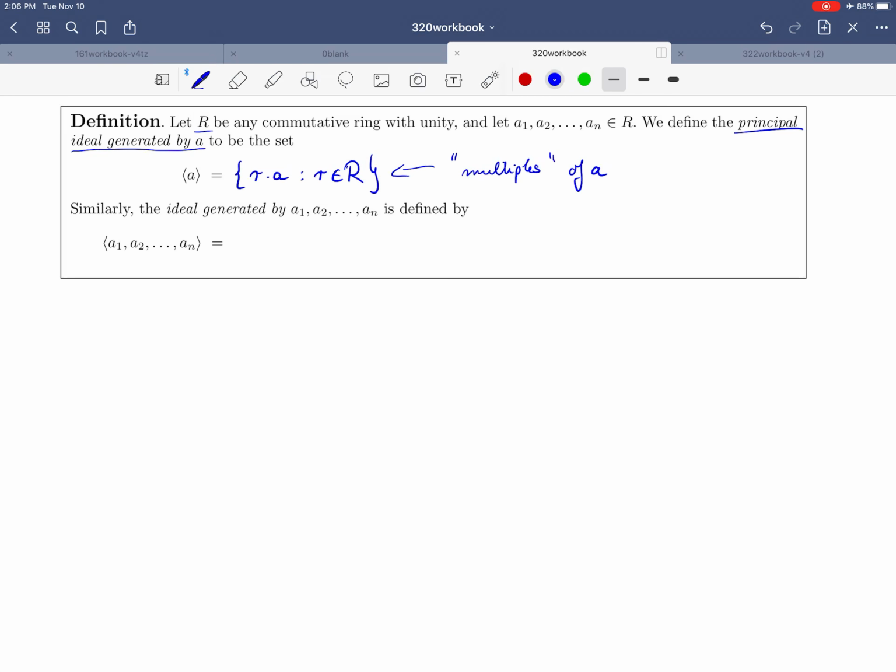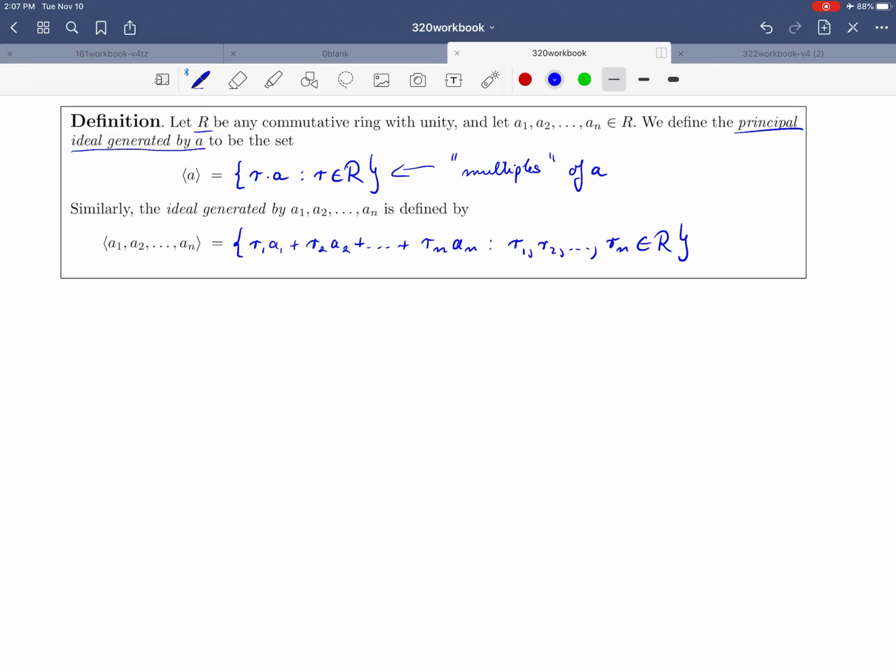So this would be R1A1 plus R2A2 plus and so on, all the way up through RNAN, where R1, R2, all the way through Rn are elements in our ring. So you can think about this as linear combinations of the A's where the coefficients are from the ring R.